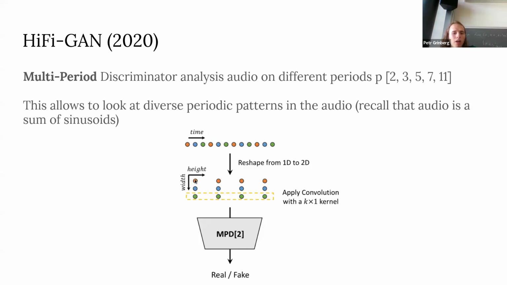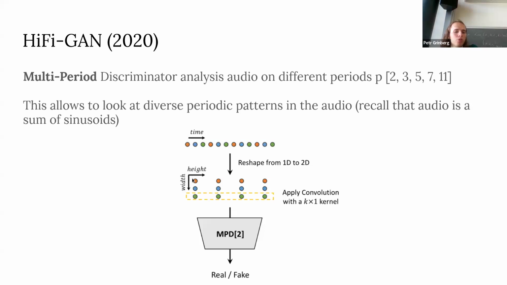So all these red dots are time steps which are period time steps one from another. And you apply convolution with the kernel k by 1, so you look only at one row of this matrix.